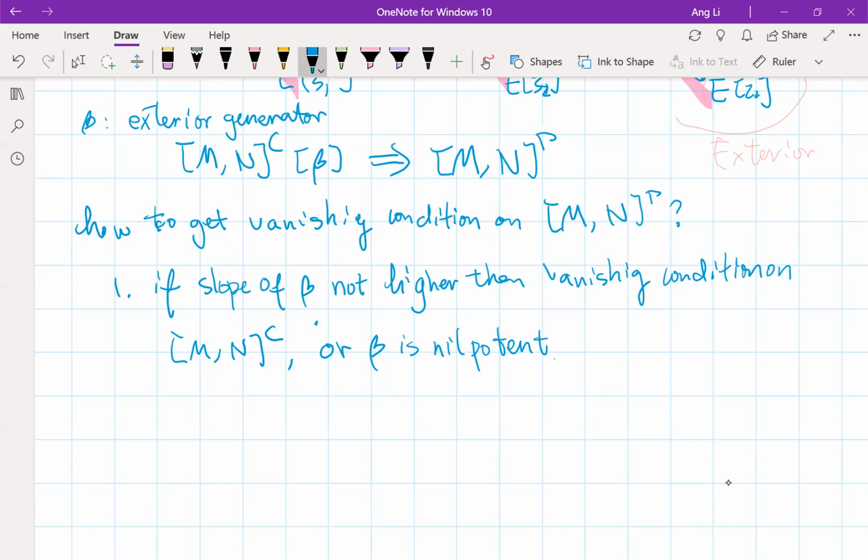Namely, beta is poking out of the vanishing line, but it ends in finitely many steps.